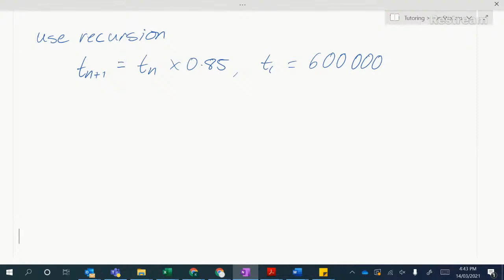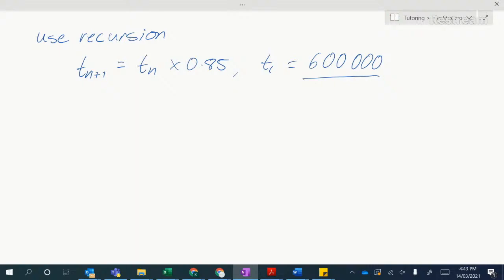So I'm going to type in my first term, 600,000. And I'm going to press enter or equals, whatever you have in your calculator. And that stores it in the calculator's memory. Then multiply by 0.85. And if you keep pressing enter, your calculator will keep multiplying by 0.85.